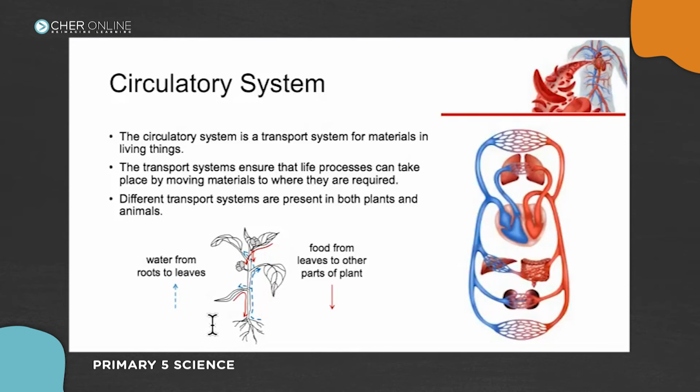And in plants, there are also the food carrying tubes that transport food from the leaves to other parts of the plant. Likewise, in animals, there will also be a transport system that will transport oxygen, carbon dioxide, digested food, and waste materials from your body organs for removal.